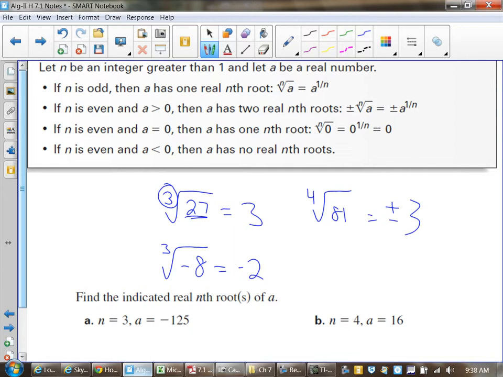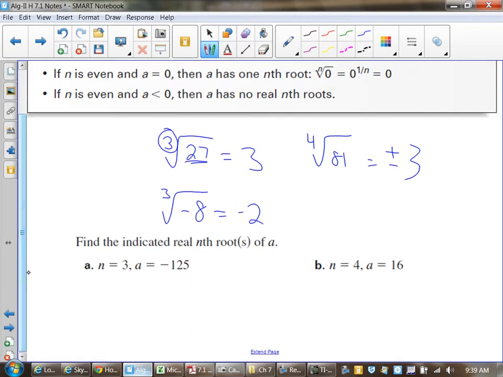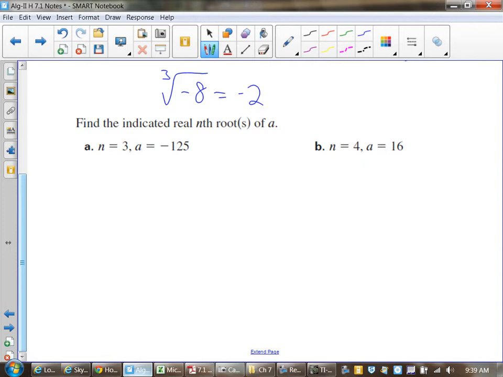When you take the nth root of a, it is a fractional exponent. That value of the nth root is a fractional exponent.